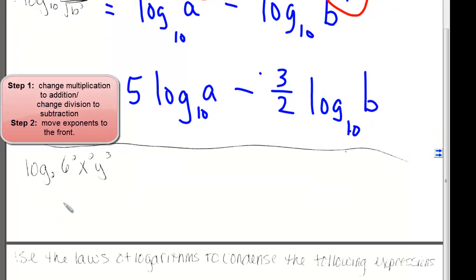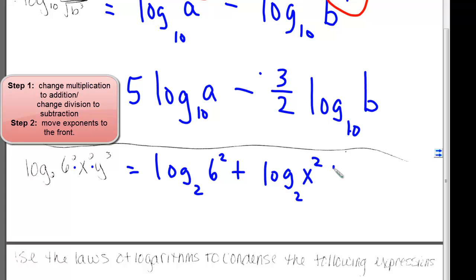Next example. This is multiplying. I also have exponents. This is equal to log base 2 of 6 squared plus log base 2 of x squared plus log base 2 of y cubed.